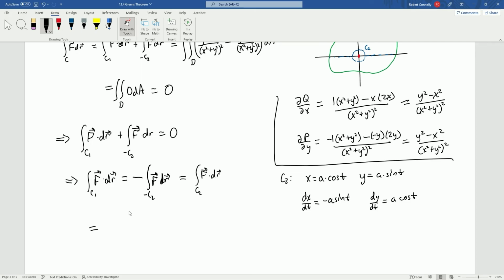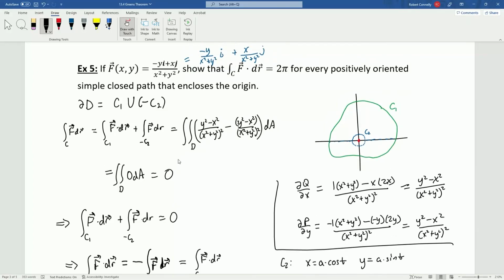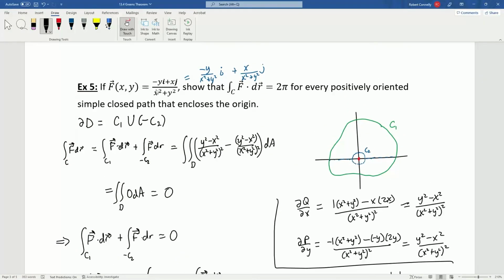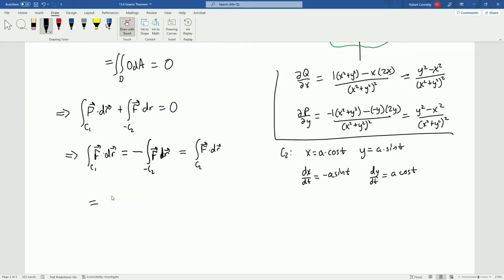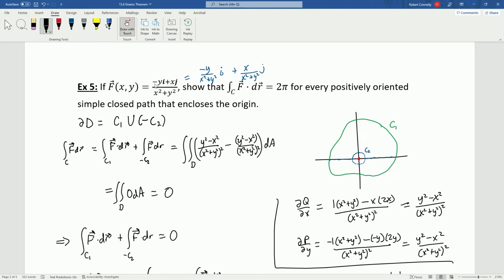And so when I take the dot product of F and dr here, what should we get? Well, I'm going to try to skip a few steps here. I hope that's okay. So we're going to get the integral from 0 to 2 pi of, now we've got negative y, but remember we're taking the dot product with dr, so it's negative y over x squared plus y squared times dx/dt.